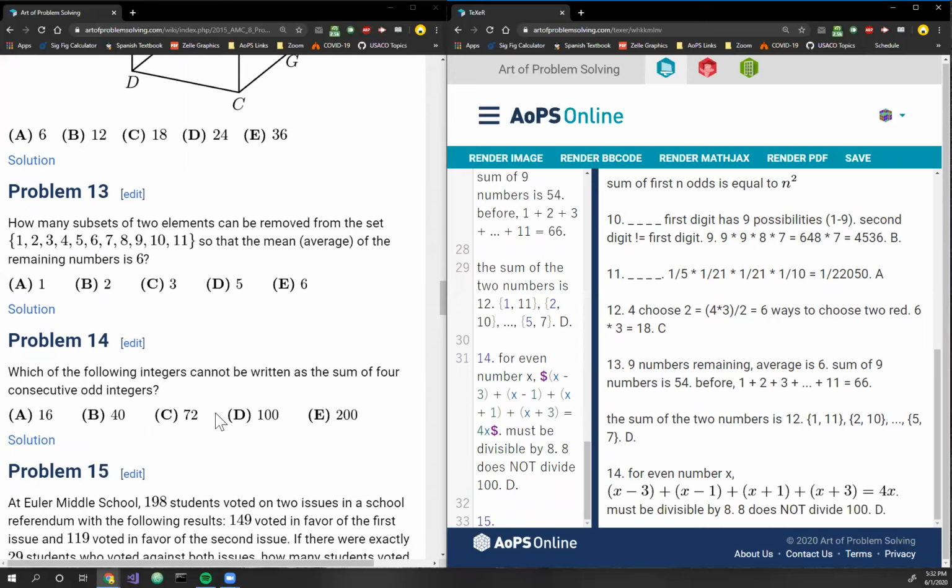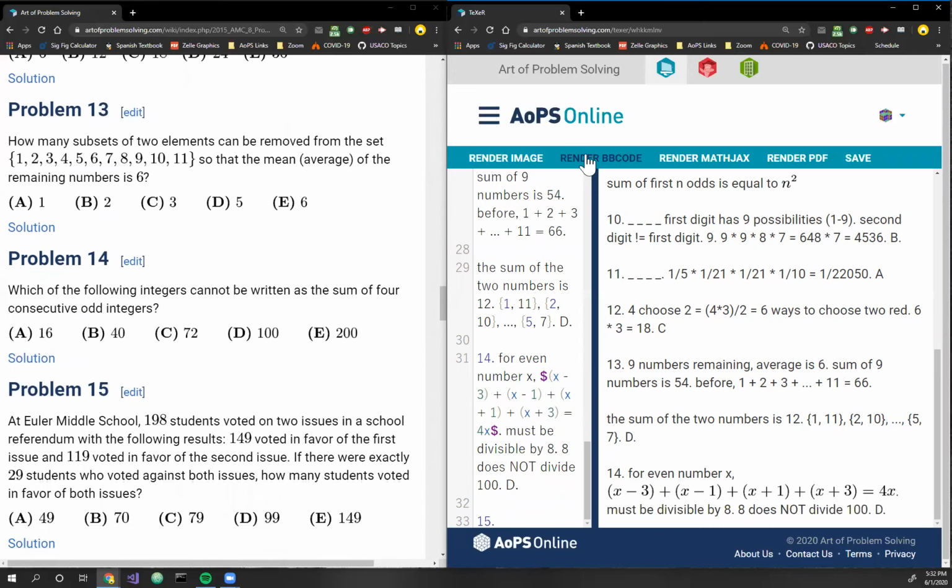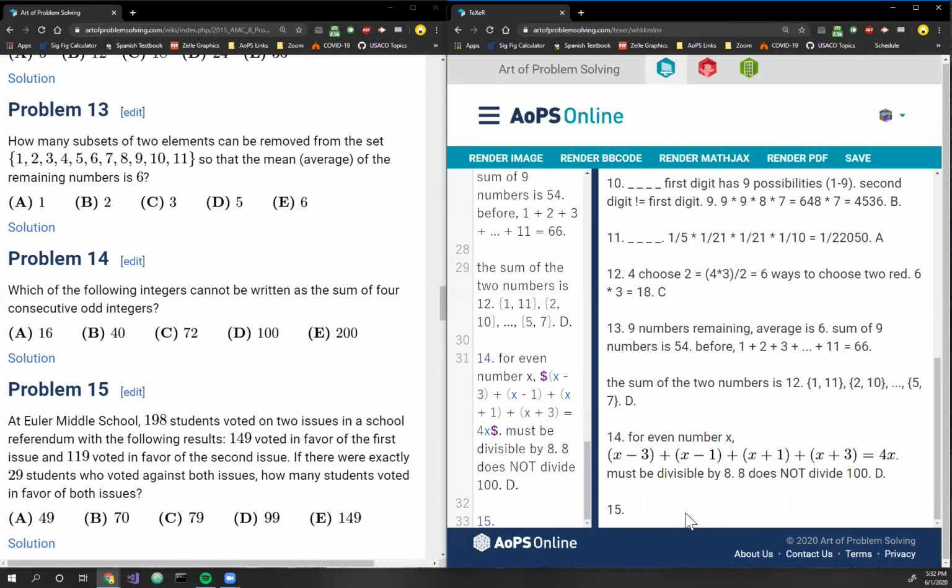Okay, 15. There are 2 issues in a school and they're voting. 149 for the first one, 119 for the second one. All right, so let's draw a Venn diagram.